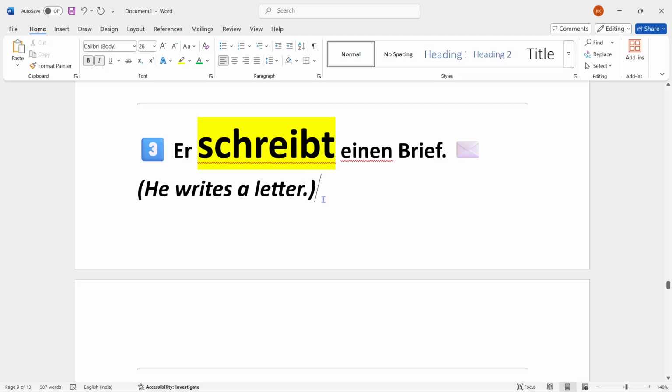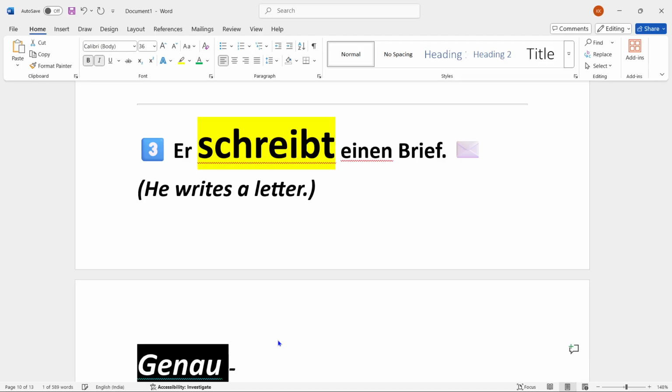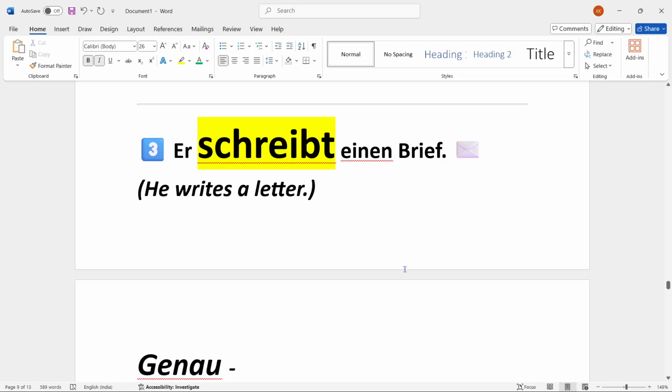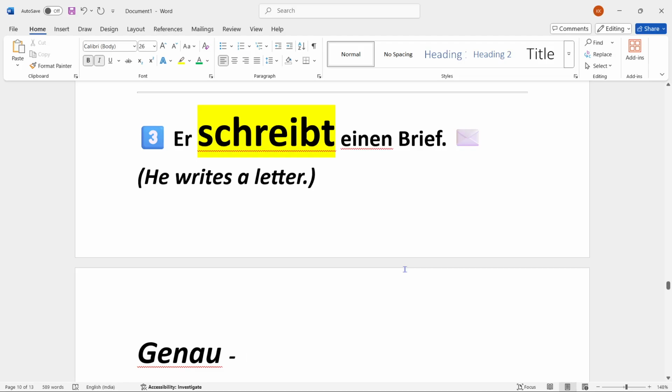Er schreibt einen Brief. Ja. So I'm using in my words genau, na? You need to recognize what I'm saying. Genau, it means exactly. Er schreibt einen Brief. Focus only on the verb. Verb will be at the second position.